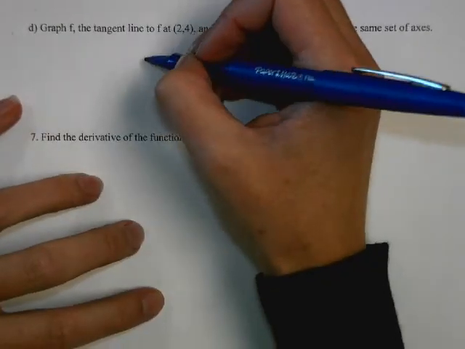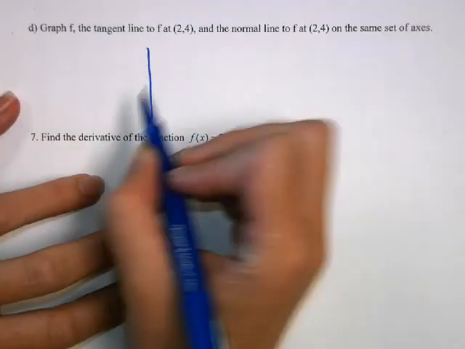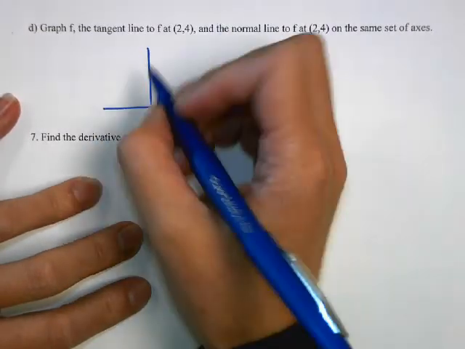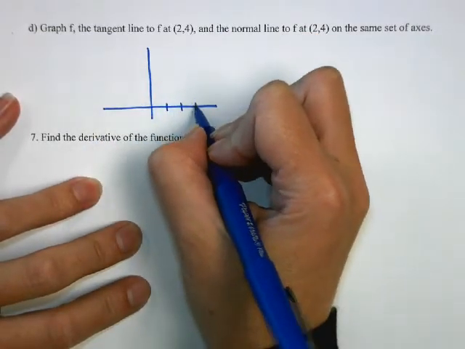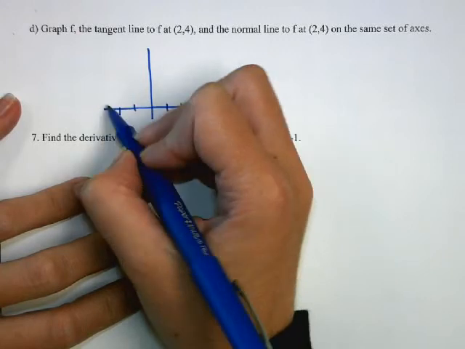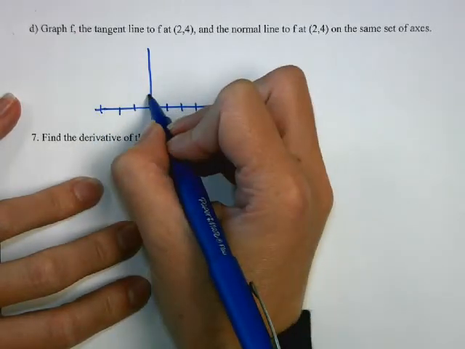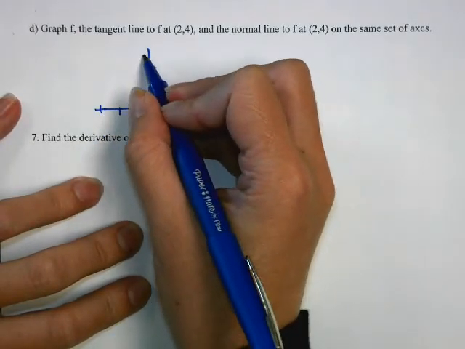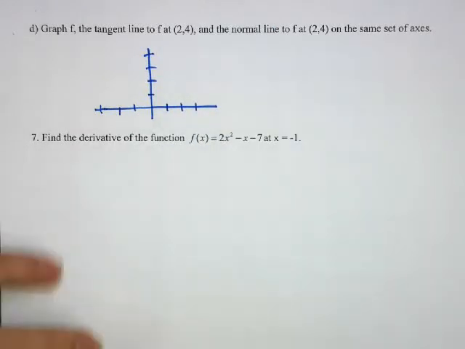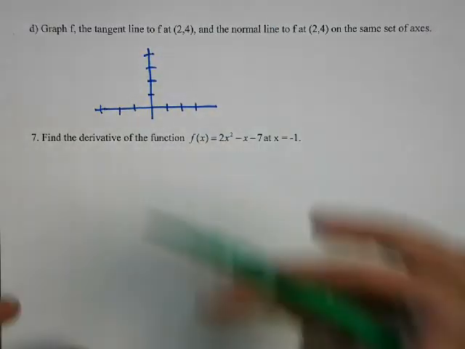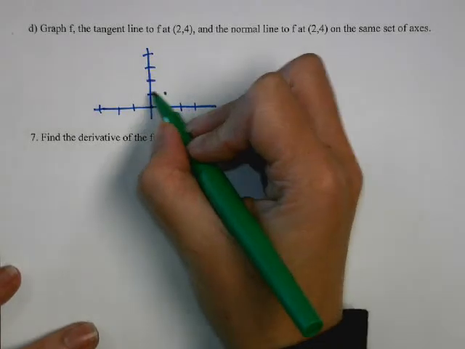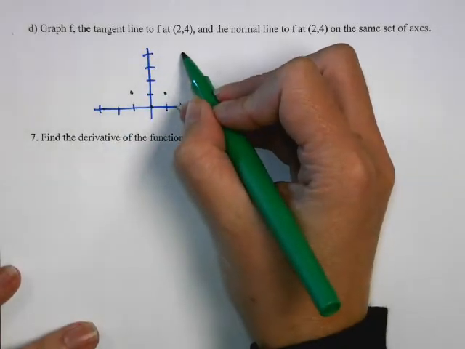So if I graph my parabola, x squared, 2 squared is 4.